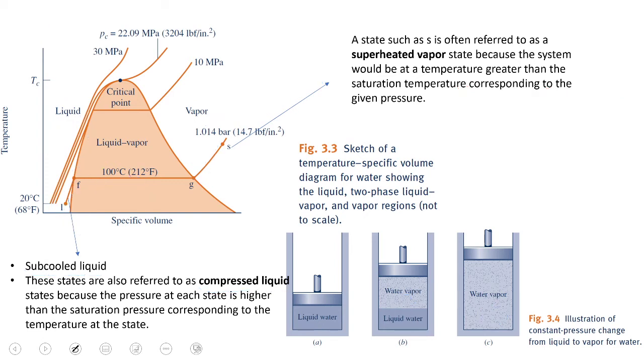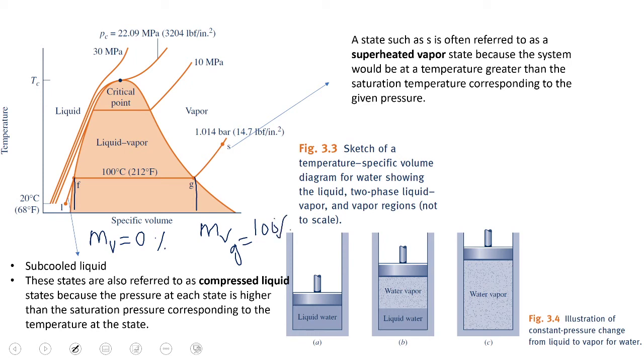Okay, so at F it is 100% liquid, and at G it is 100% vapor. So mass of vapor at F is let's say 0%, and mass of vapor at G is 100%.